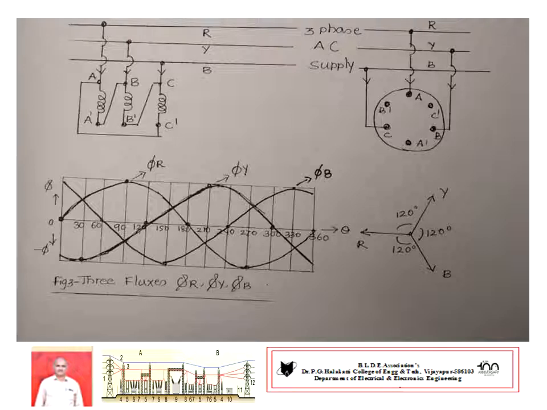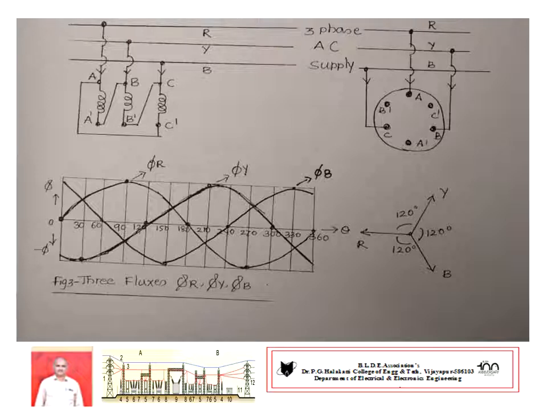In this manner, we have to take all three flux details, but one of the fluxes remains 0. Then, from the effect of plus phi b flux and minus phi y flux, the total resultant flux is developed. That we have to observe at the different instants of time.